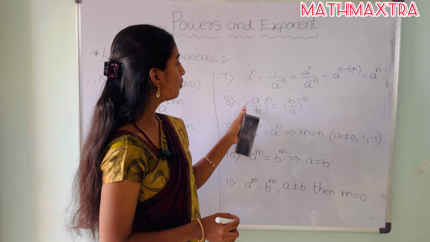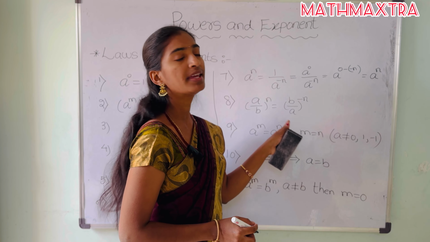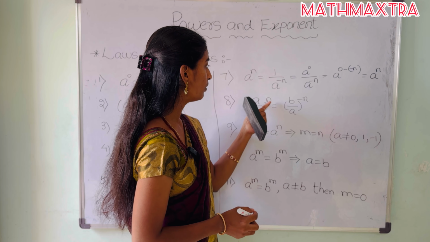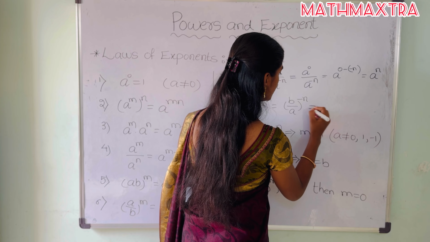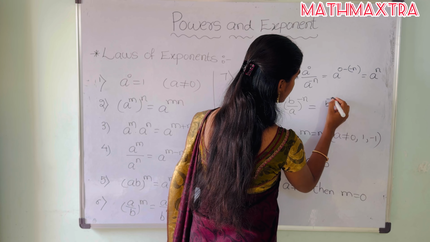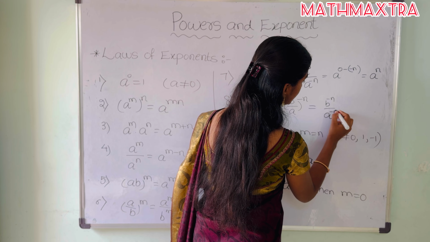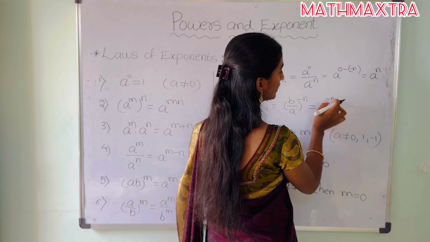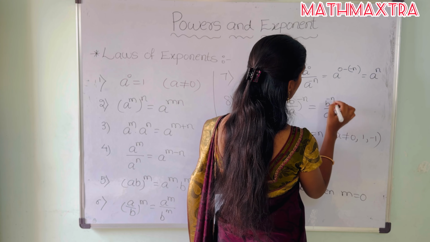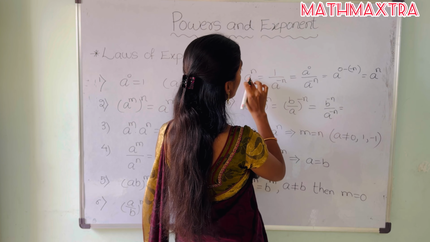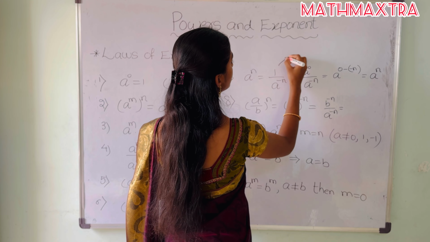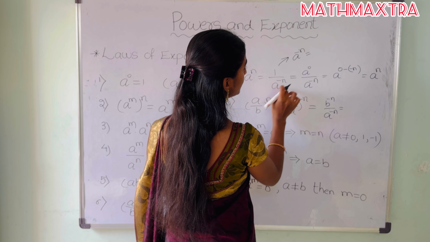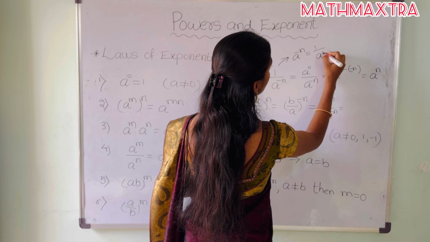In this, (a by b) whole power of n can be written as (b by a) whole power of minus n. See, this (a by b) whole power of minus n, you can write as b power minus n by a power minus n, isn't it? Now what I am doing? From this, a power minus n can be written as, if you take a power n to this side, 1 by a power n, isn't it?